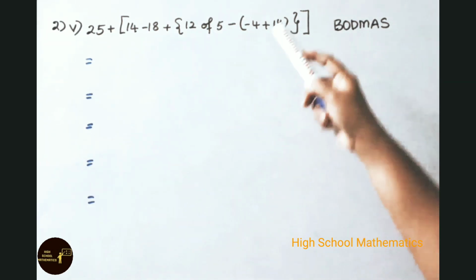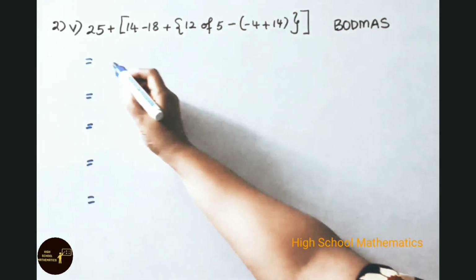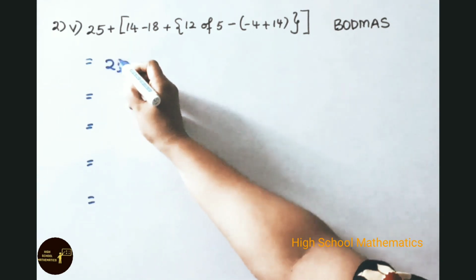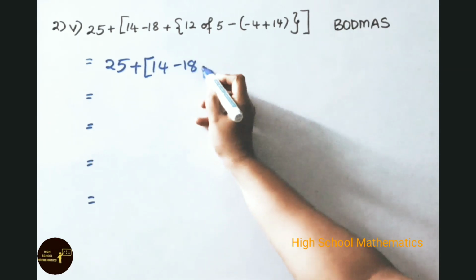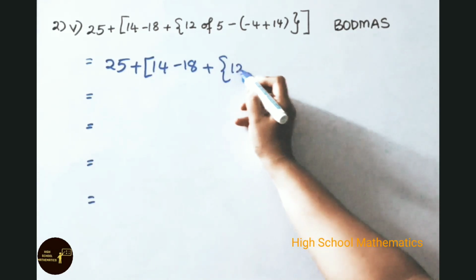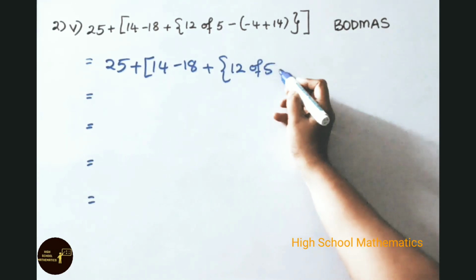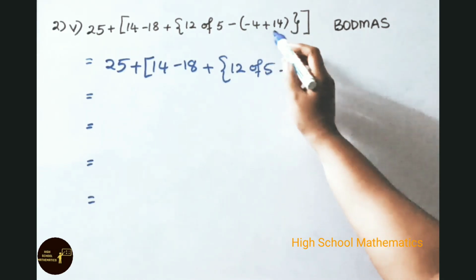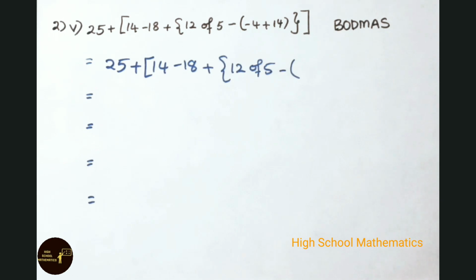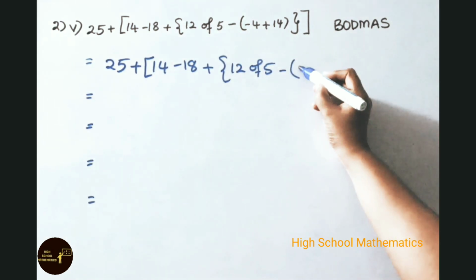First we have to solve simple bracket. Let us see now. 25 plus 14 minus 18 plus curly bracket 12 of 5 minus 4 plus 14. Both are having opposite sign. We have to do subtraction. 14 minus 4, that is 10.